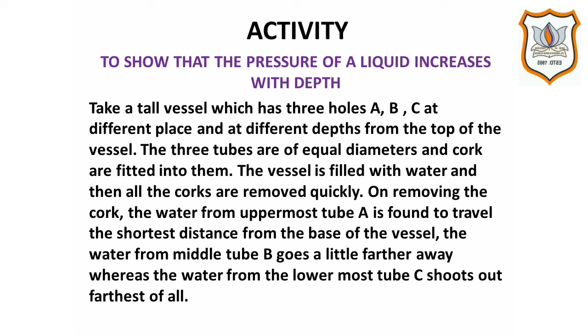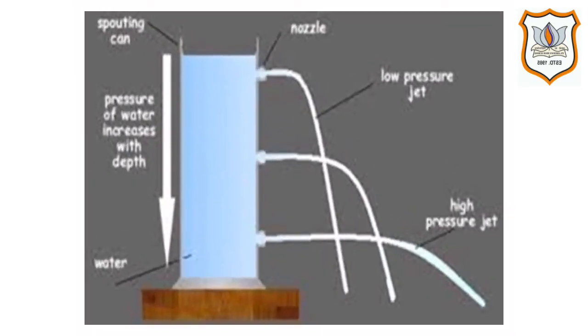The water from the middle tube, that is B, goes a little further away, whereas the water from the lowermost tube, that is C, shoots out farthest of all. Students, this activity is shown in this picture. This picture shows that the pressure of water increases with depth.